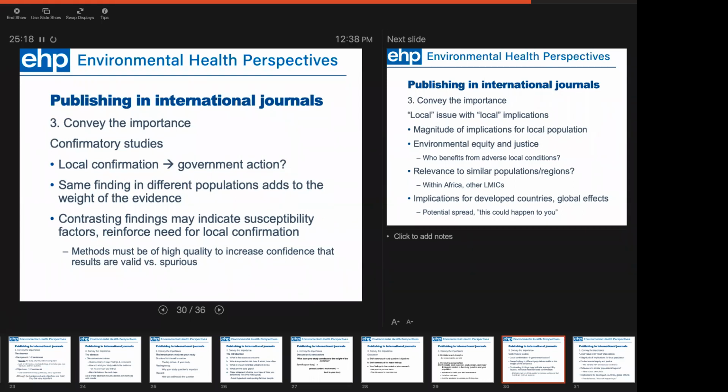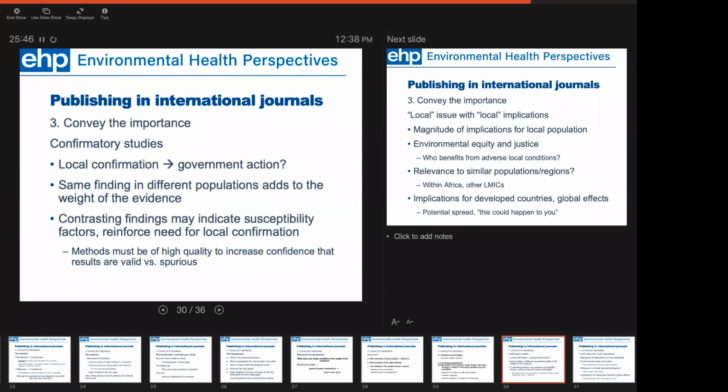These are really important studies. For one thing, you often need local confirmation to spur government action, to spur changes in policy. And it's okay to convey that information. You know, why this is important, because this information will help inform an important policy decision.